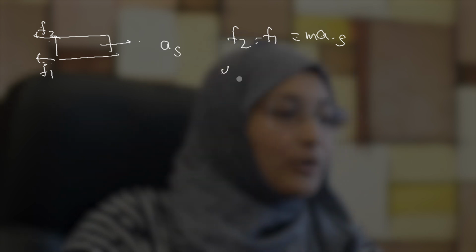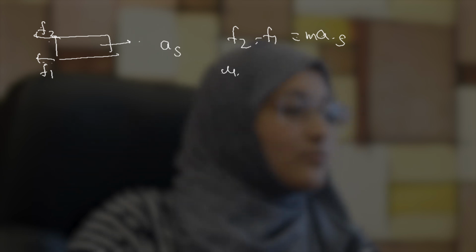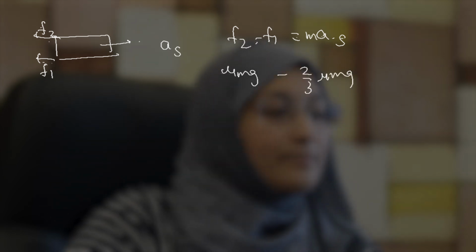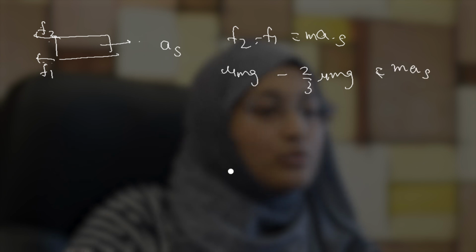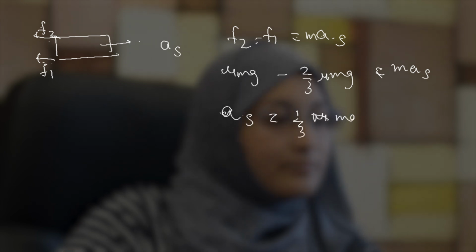F2, as we have calculated, is nu mg, and F1 is minus 2 by 3 nu mg, which equals mass into acceleration of the slab. So we get the acceleration of the slab as 1 by 3 nu g.